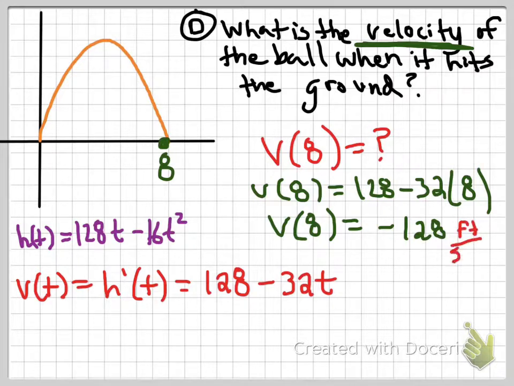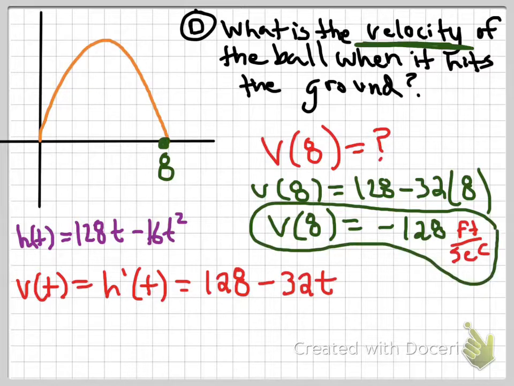This is how fast the ball hits the ground. Feet per second. So let's circle this thing. It's a little messy. It looks like red and green Christmas colors here. And I think the answer makes a lot of sense because it's negative, and it's negative because the ball is going downwards in the air. So I would expect a negative velocity.